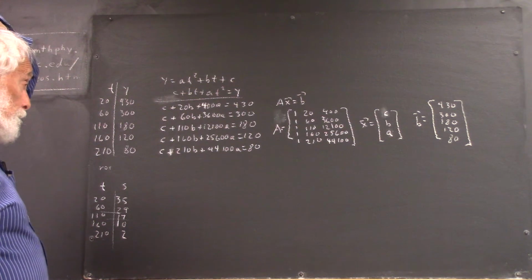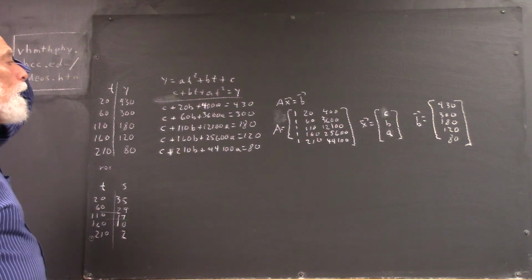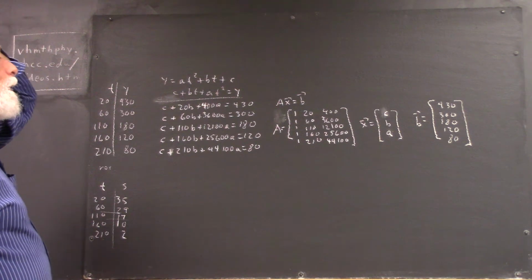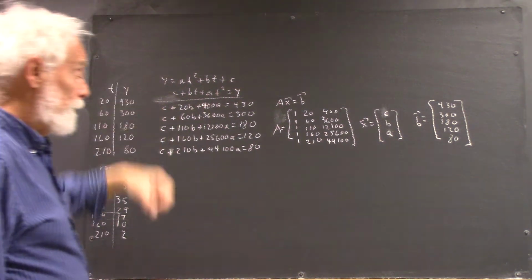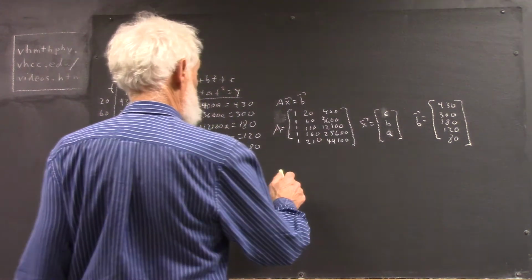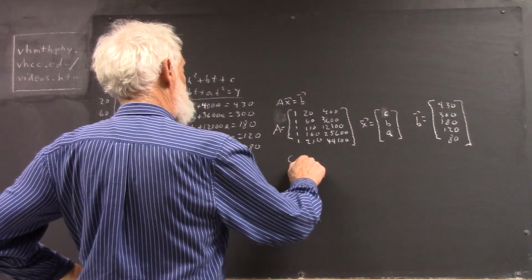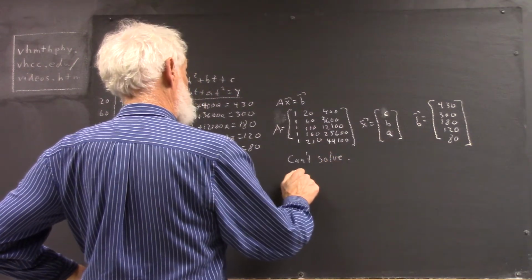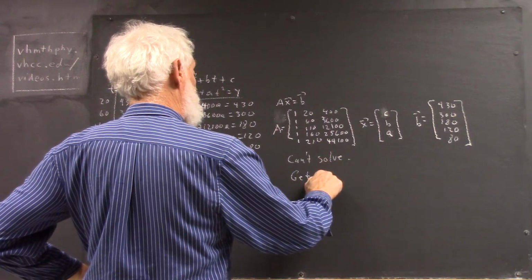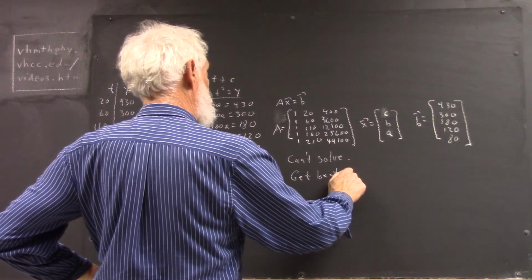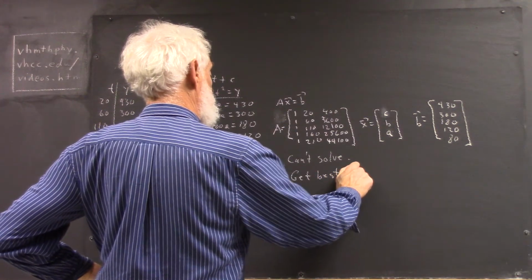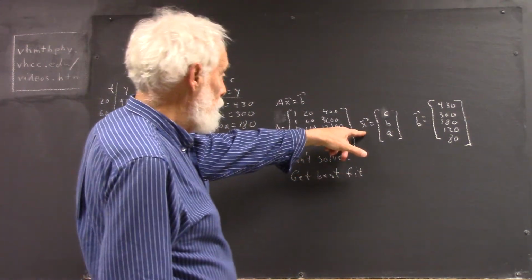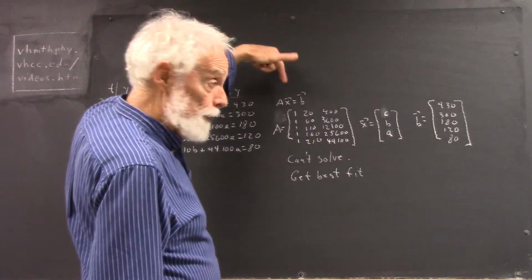Okay, so as it turns out, there's no solution. You can't solve, so you get the best fit. What would you solve for? You'd solve for X, because of course you know everything else in this equation.